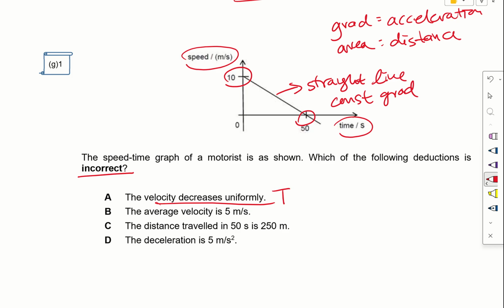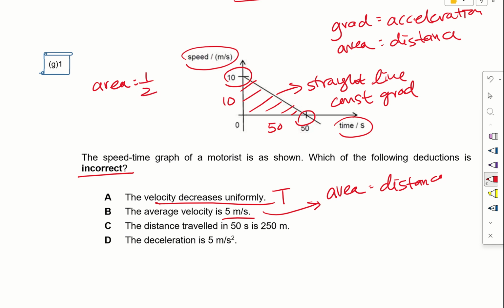Now the average velocity is 5 meters per second. Is that true? We can calculate the area under the graph, which gives us the distance. Now this graph, the area is a triangle, so height of 10, base of 50. So the area is half times base times height, half times 50 times 10, which equals 250.